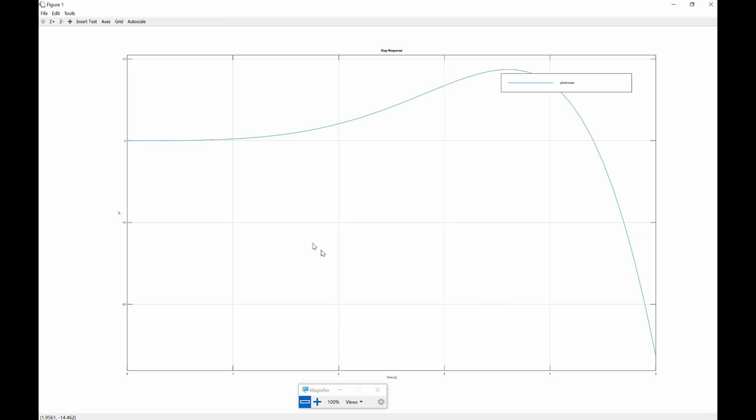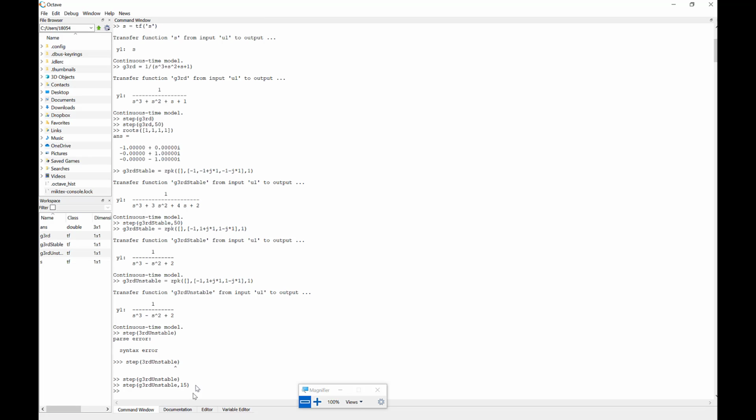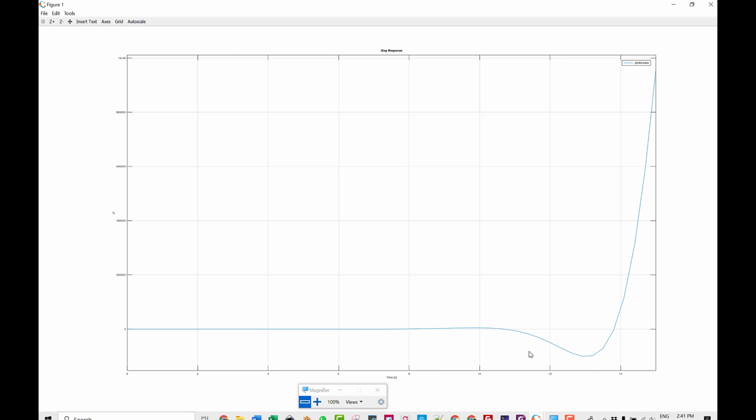If we run it for longer, let's go back to Octave and run it for, say, 15 seconds because it blows up quick. And go look at our figure. It went down at first, but then it goes up and it just goes wacko.